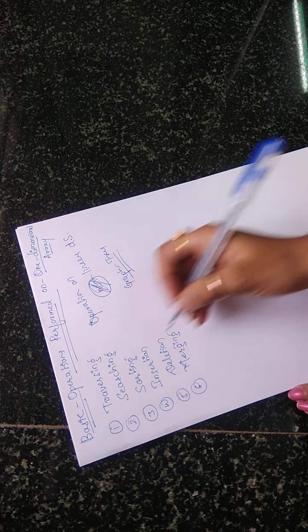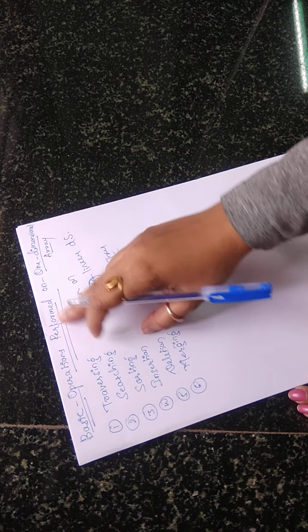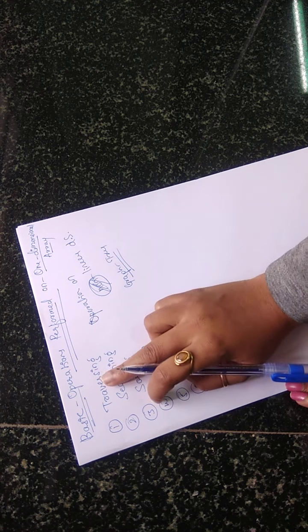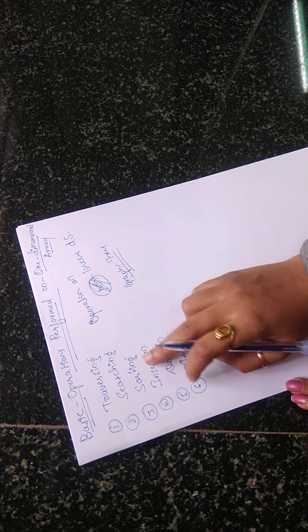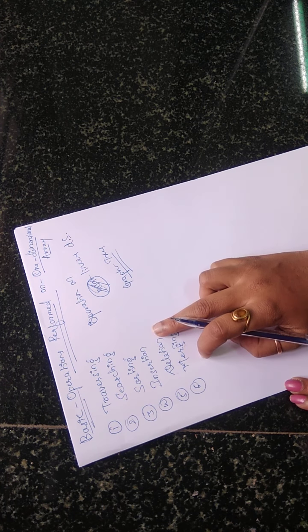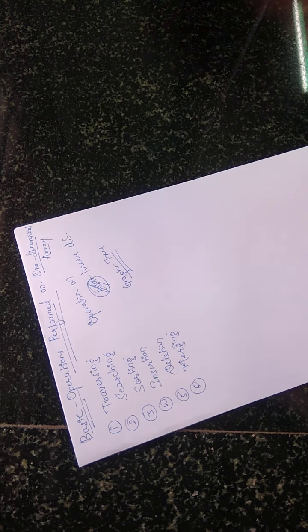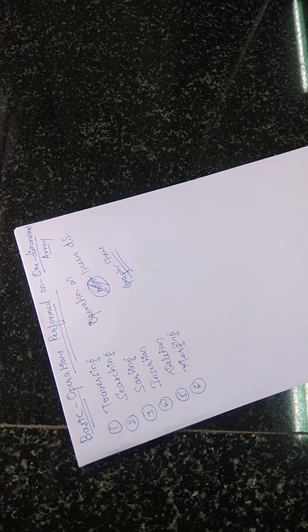Now we'll study the basic operations performed on a one-dimensional array. Which operations do we have? Traversing, searching, sorting, insertion, deletion, and merging. We had studied these operations already in common on linear data structures. Now we'll study these operations exactly on a single dimensional array, that is, a one-dimensional array.